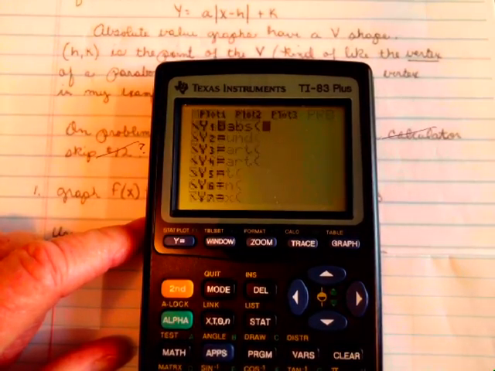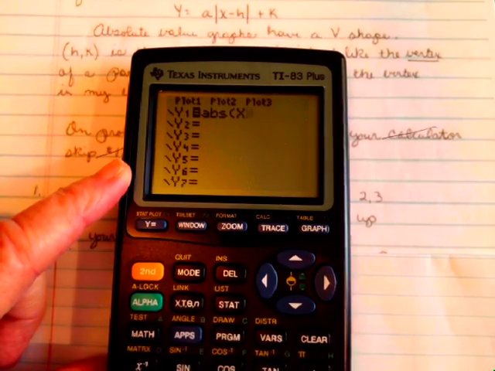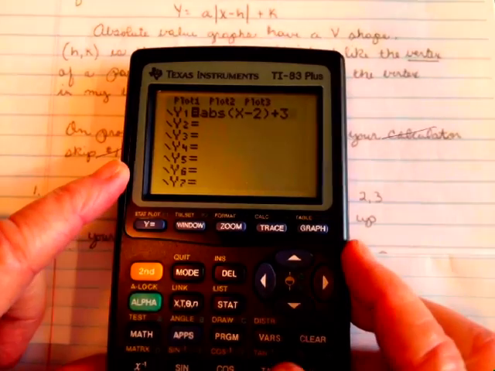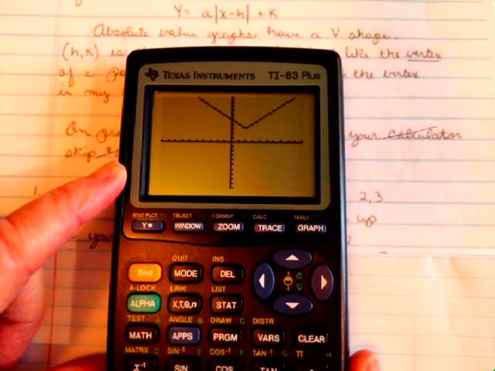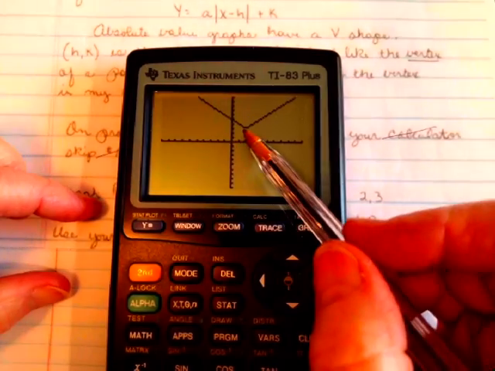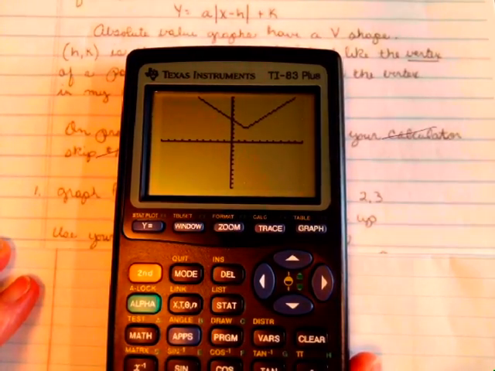ABS is highlighted. Press enter. x minus 2, close parentheses, plus 3. And then graph. We see a V-shaped graph that opens up, has vertex at (2, 3). This is an example of a piecewise function.